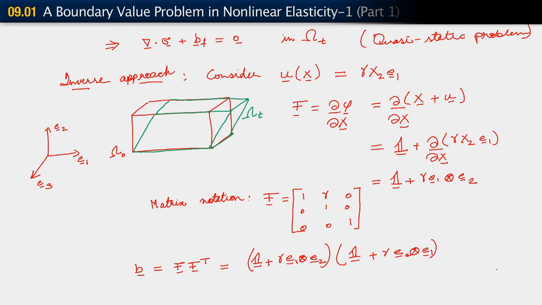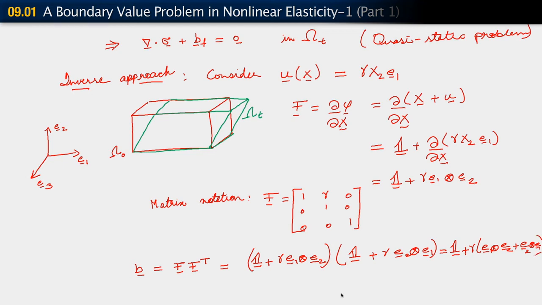When we carry this out, accounting for the orthonormality of our basis vectors, what you will see is that we get the isotropic tensor plus gamma multiplying E1 tensor E2 plus E2 tensor E1. Sorry for really squeezing it into that corner, but that's really all we need.